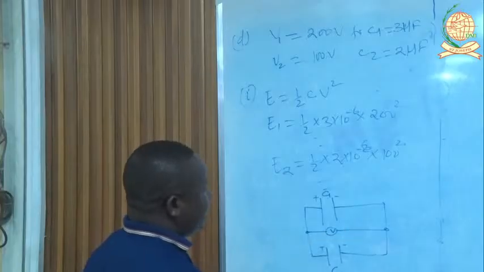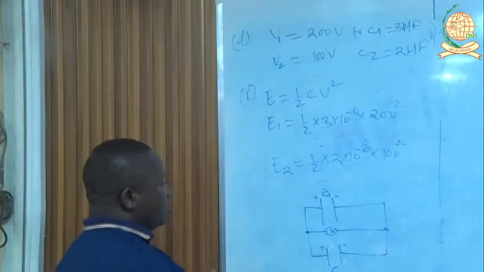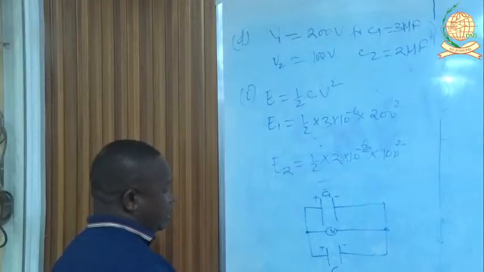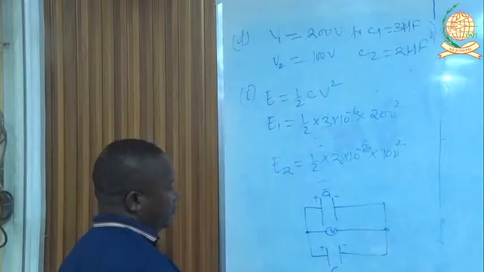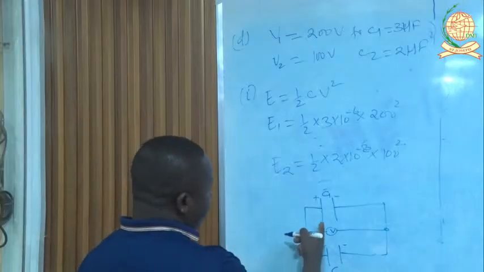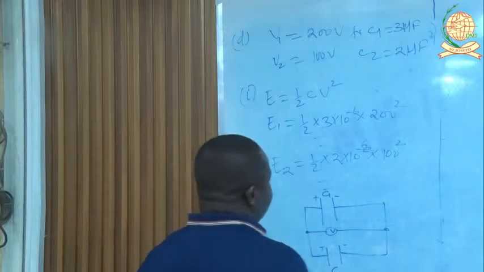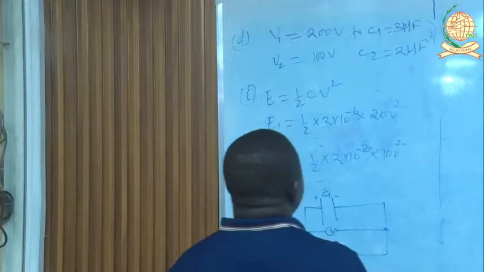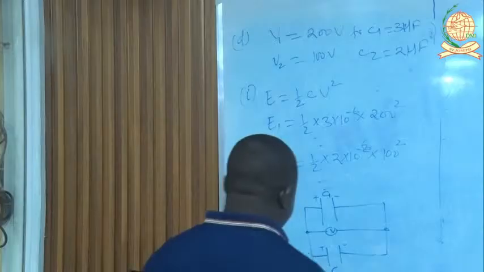So the task here is to find what is the common voltage, because for parallel we know capacitance, we just add the capacitors, but V. So what is important, first of all, find what was the total charge in each capacitor initially.